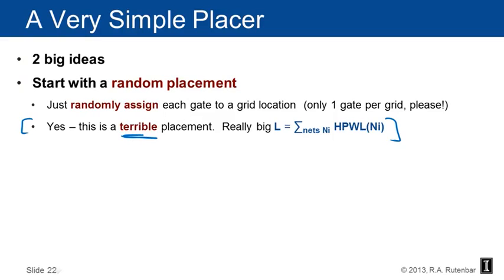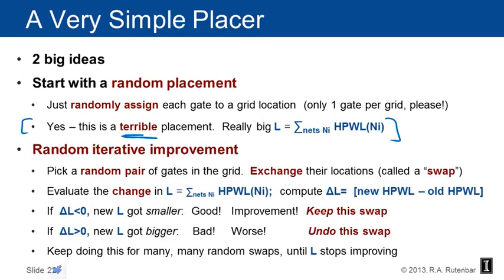This is probably a terrible placement, and the answer is yes, it is, but it's a real placement and it is a complete placement, and that is essential because what we're actually going to do is iteratively improve it.